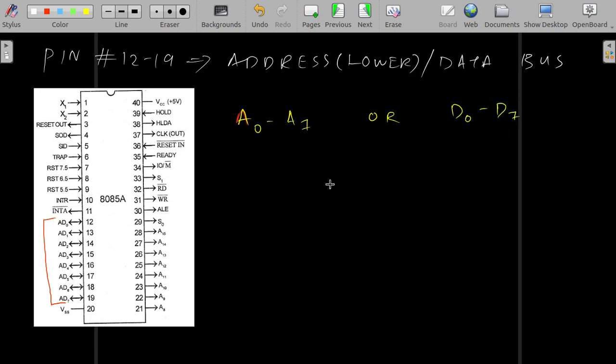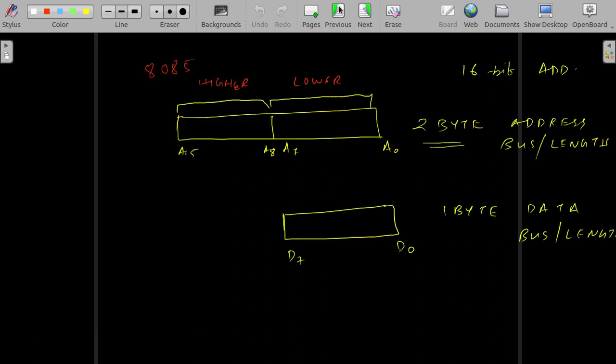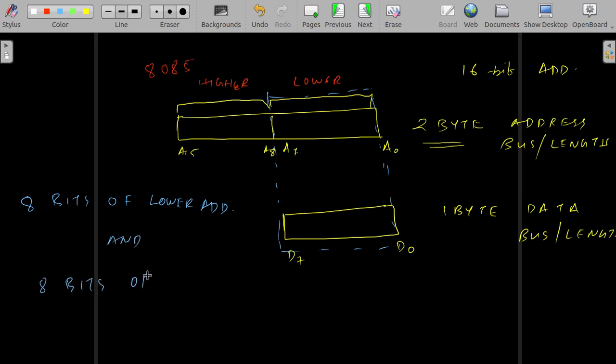Okay, so if you just use this earlier picture, we are combining these two. That is, we are combining 8 bits of lower address and 8 bits of data bus.